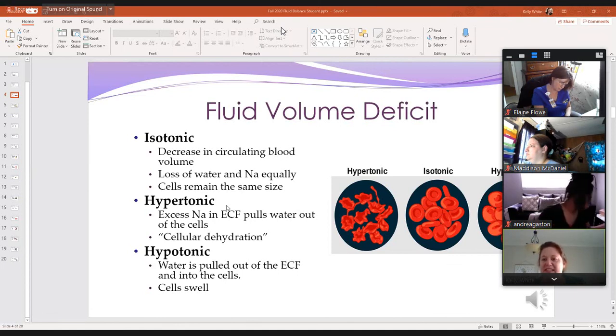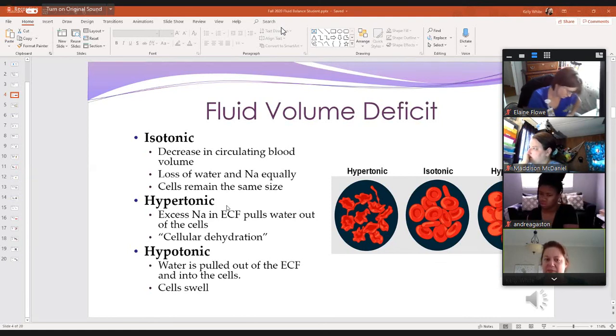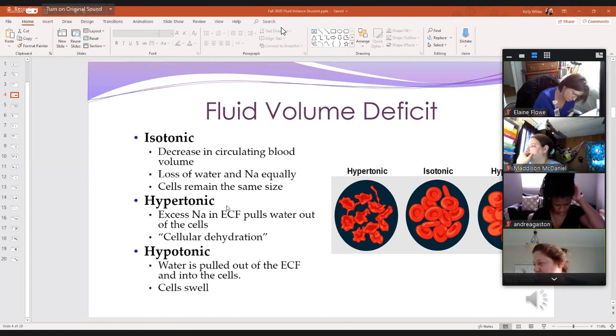Because there's a little saying that water follows salt, or water follows sodium. So wherever your concentration of salt is, your water or your fluid is going to follow that direction. So with hypertonic, you have more salt or sodium outside of the cell, and it's sucking all that fluid out of the cell, making it shrink. So that's why you have that cellular dehydration.